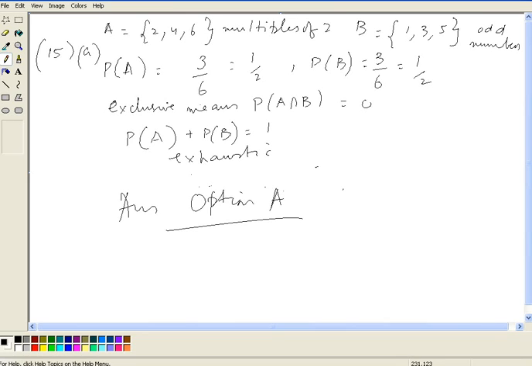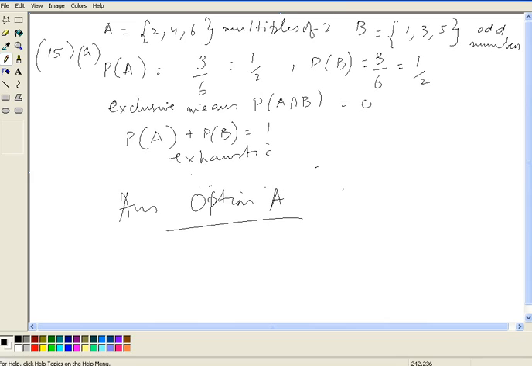So the probability of choosing a multiple of 2 from a die would be 3 by 6, that is 1 by 2, whereas the probability of an odd number falling is also 3 by 6, which is 1 by 2.